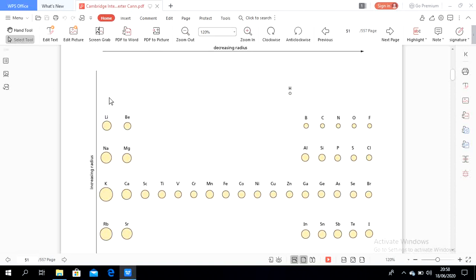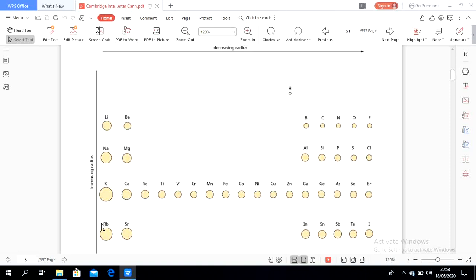Down the group, the radius increases. Why does the radius increase? Because down the group, there are more electron shells. With more electron shells, the distance between the outermost shell and the nucleus is much bigger.